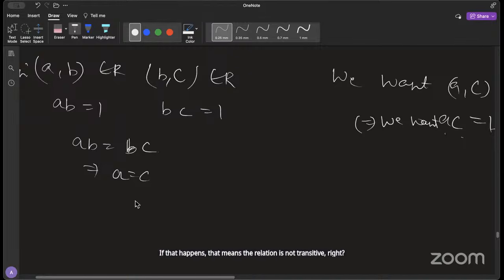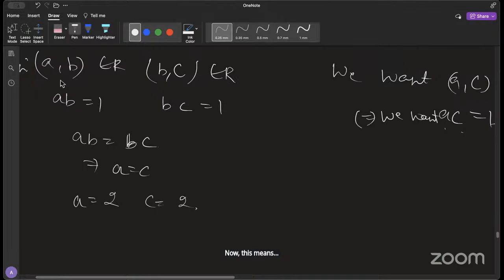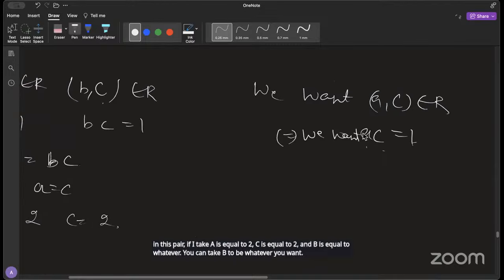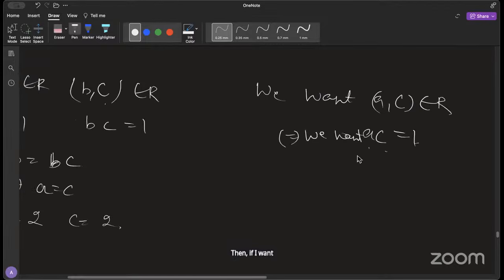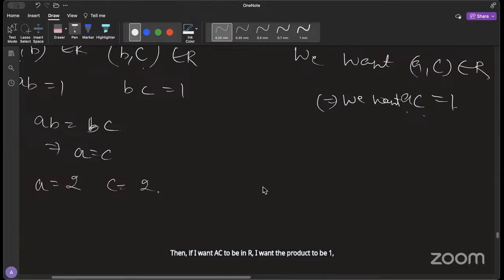So let's take 2 and 2 again: A equals 2 and C equals 2, and B can be whatever you want. If I want (A, C) to be in R, I want the product to be 1, but the product is 4.